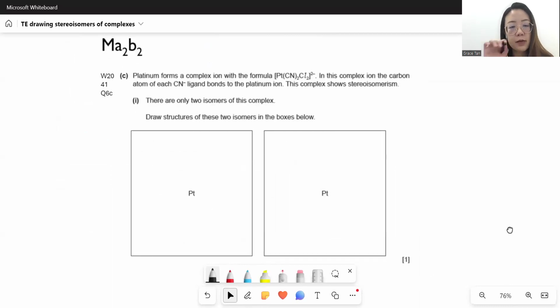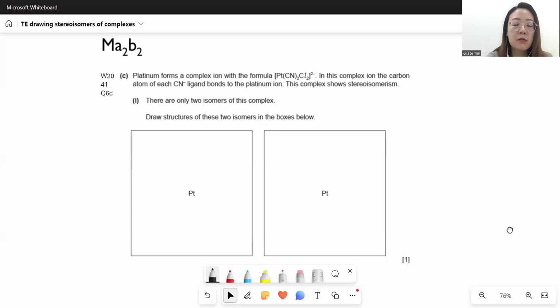Now, so let's look at this question, okay? Platinum forms a complex ion with the formula given. In this complex ion, the carbon atom of each cyanide ion ligand bonds to the platinum ion. This complex shows stereoisomerism. You have to decide what stereoisomerism. Is it cis-trans? Is it optical?